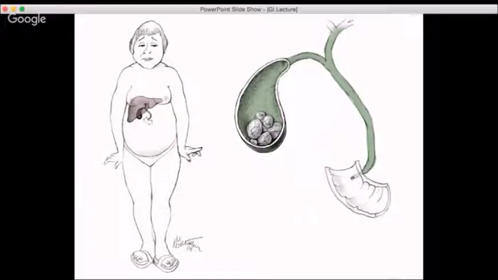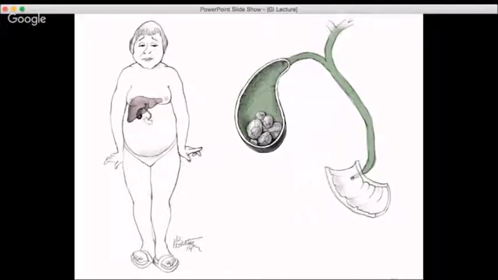Female, fat, 40, fertile, and the fifth one they sometimes add is flatulent. In other words, they have bad GI distress. That's what flatulence refers to. So that's an acronym every medical student knows. I knew it when I was a student, and probably people knew it 100 years before. Female, fat, 40, fertile, and flatulent.